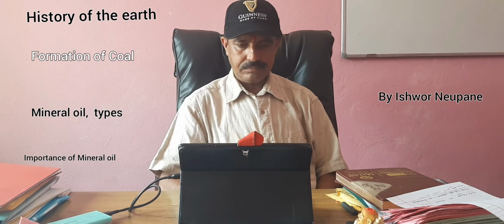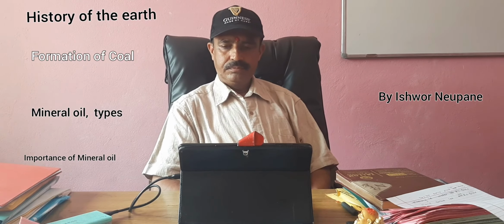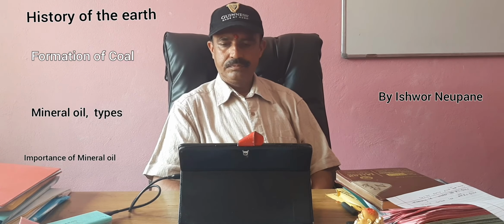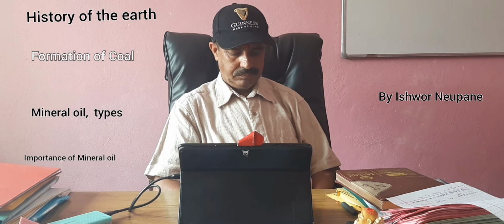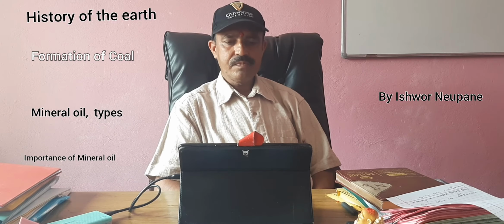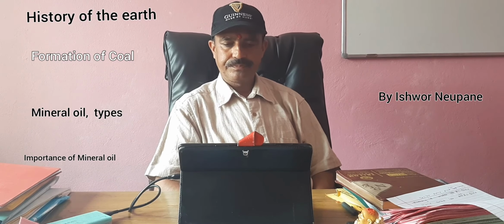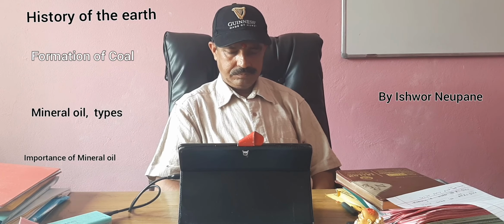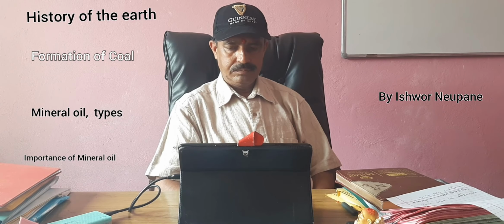In the Carboniferous period, 345 to 380 million years ago, forests of coal plants, fast growing bushes, yielded plants on the earth.